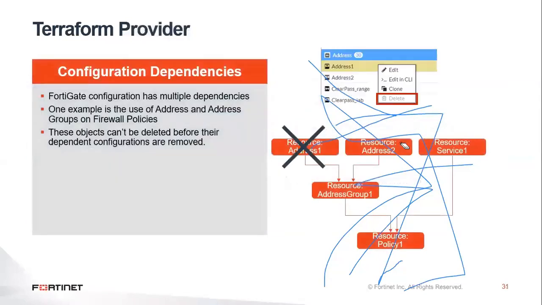Similar to how FortiOS has dependencies, Terraform follows the same. It uses those dependencies for both building and destroying components of the configuration. If an address object is being removed but is still referenced by an address group, firewall policy, or any other object, then the address object will not be removed, the same way you cannot do it in FortiOS.